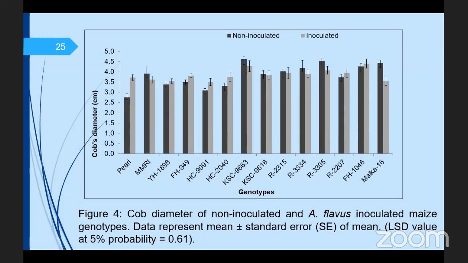And the cob diameter was not affected by the inoculation, as we can see in the picture that there is no difference among the genotypes, and inoculated and non-inoculated had variable results towards the inoculation of Aspergillus flavus.